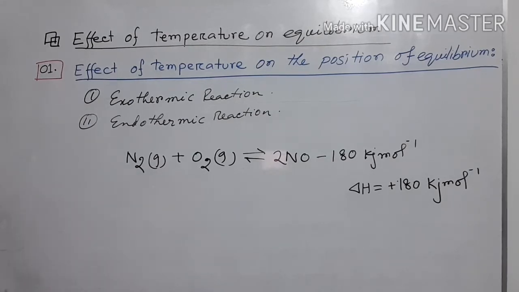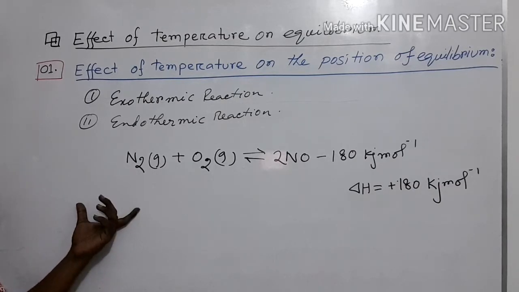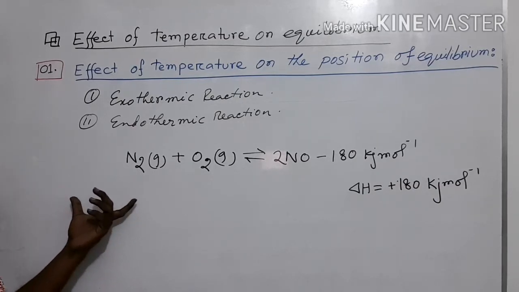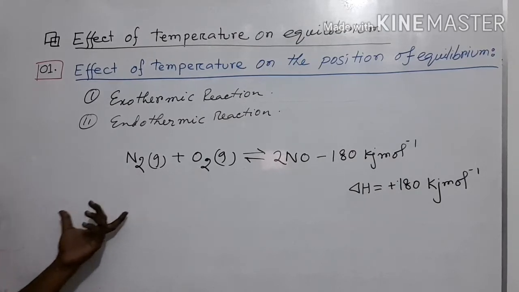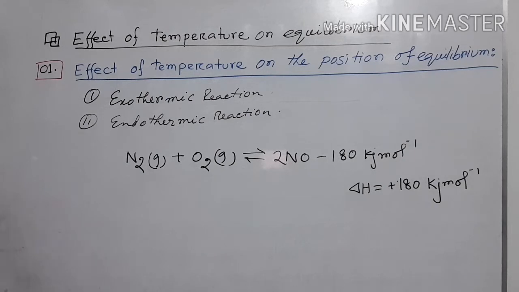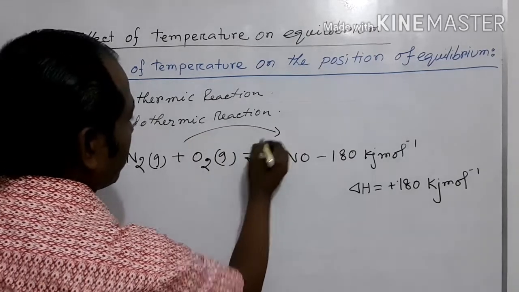Here heat is absorbed by the reactant, and according to Le Chatelier principle, if we increase temperature of this reaction, then the equilibrium tries to undo the change, and the equilibrium shifts to forward.